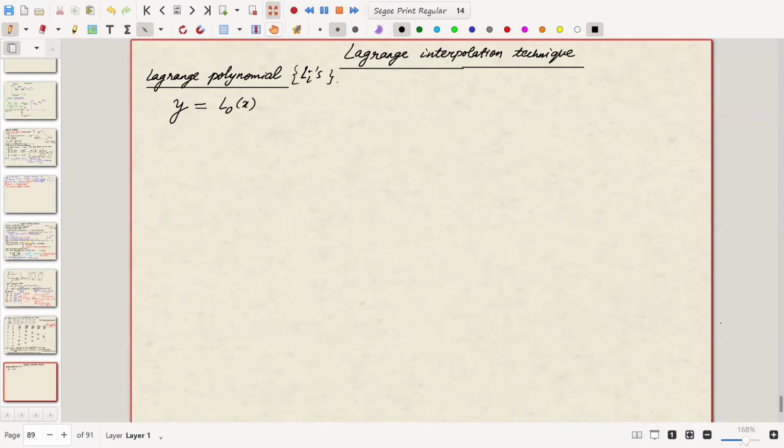L0(x) times f(x0), plus L1(x) times f(x1), and so on. You continue till your last data point, Ln(x) times f(xn). So this is what Lagrange interpolation looks like.